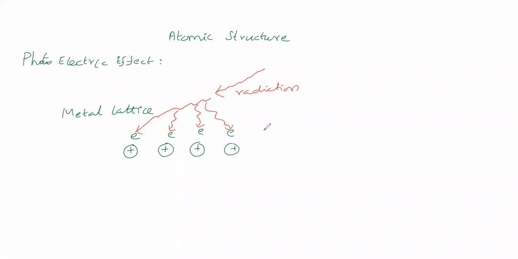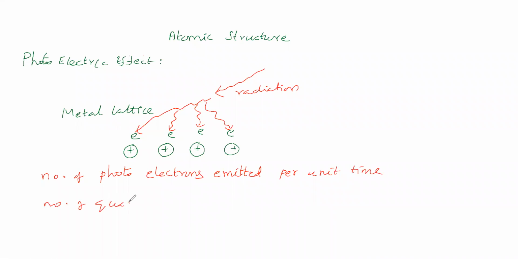So now you say number of photoelectrons emitted per unit time, and number of quanta falling over the metal lattice.